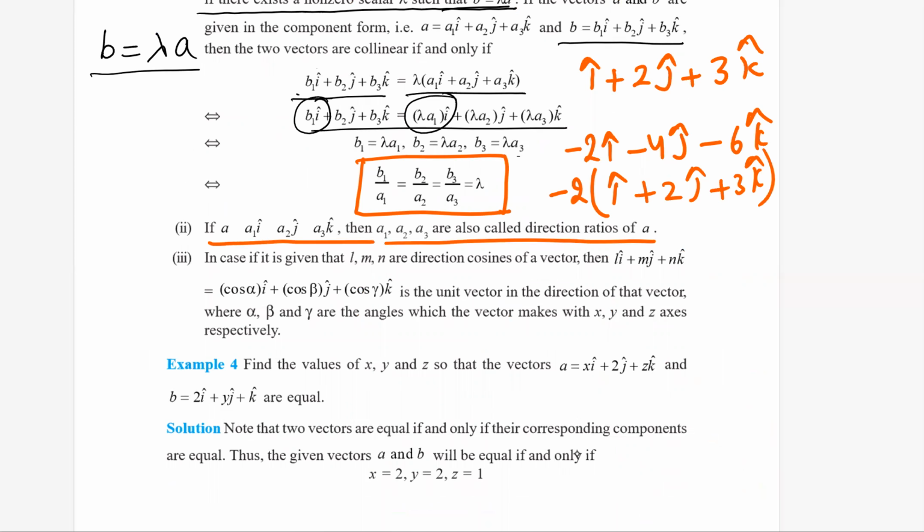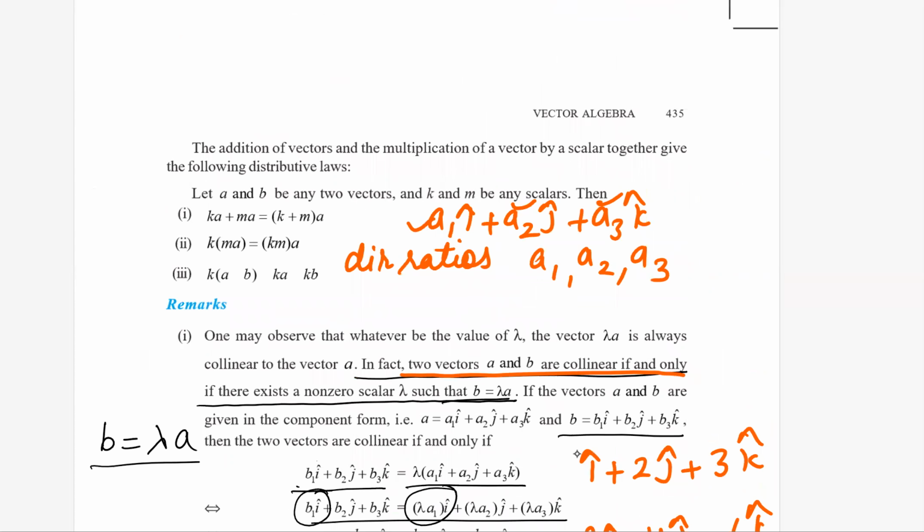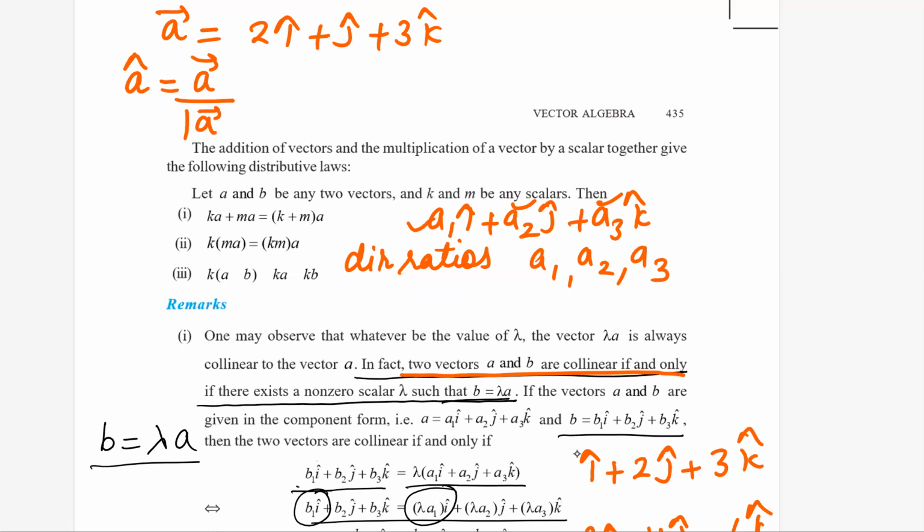Now for direction cosines, suppose we are given a vector 2i plus j plus 3k, and we are asked to find direction ratios and direction cosines both. First of all, we'll find a unit vector for it. The unit vector for a is equal to vector a upon modulus of a.